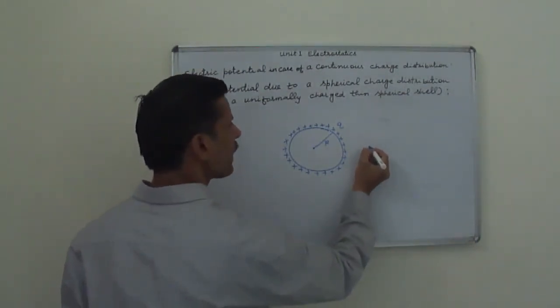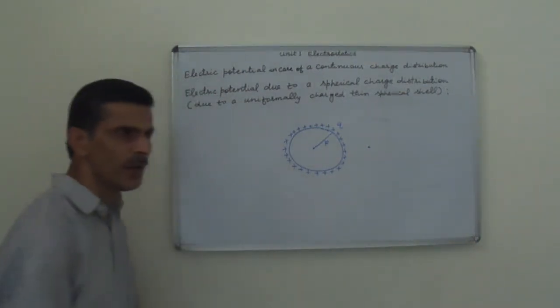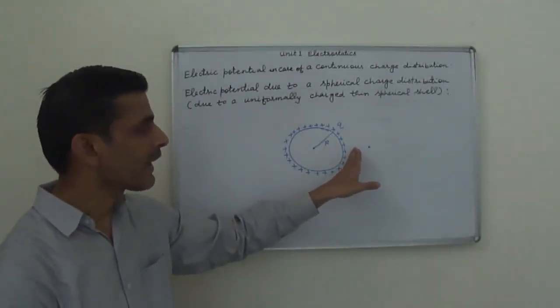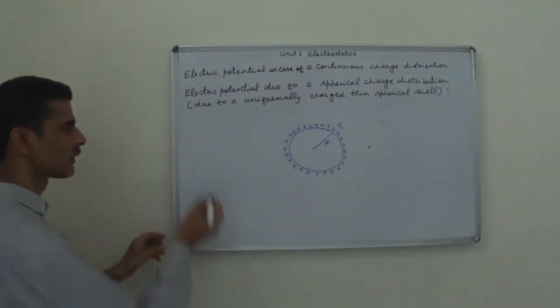To find potential at a point outside the spherical shell or on external surface.